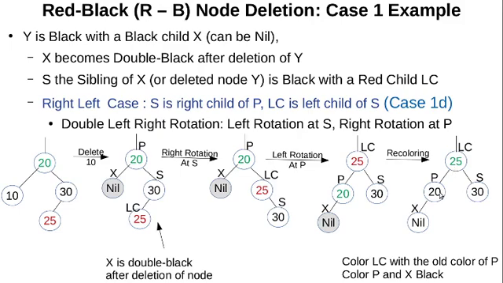Node P is colored black to compensate for the reduced blackness after deletion of black node 10. Now X is not required to contribute double black, hence it is colored black. The resultant tree satisfies all the red-black tree properties.